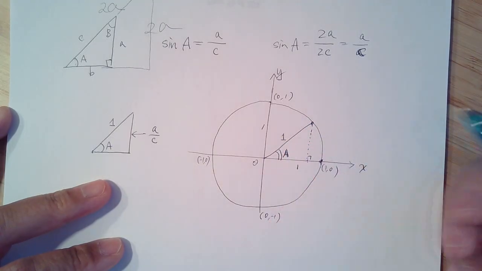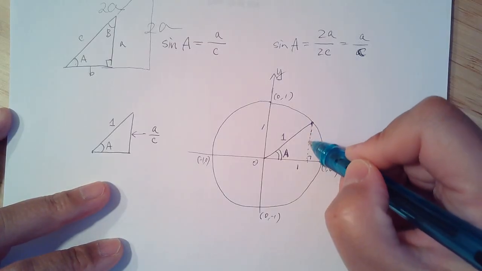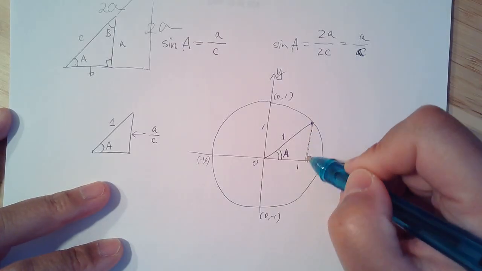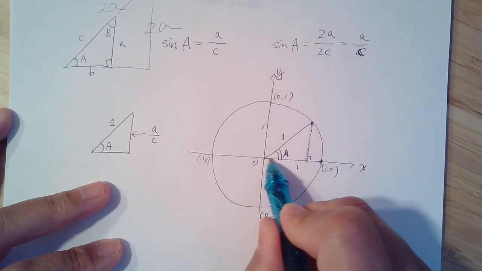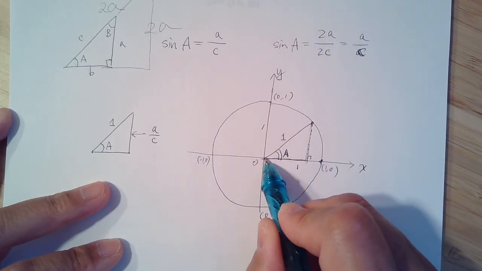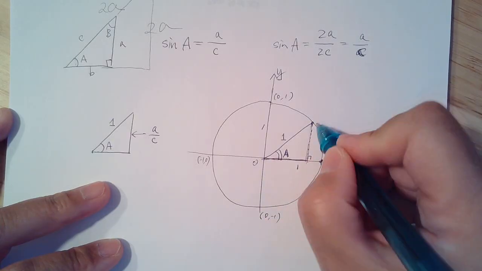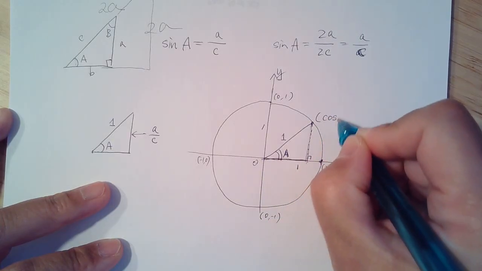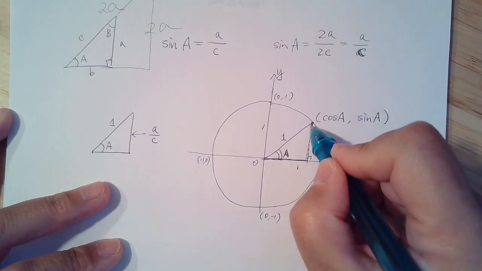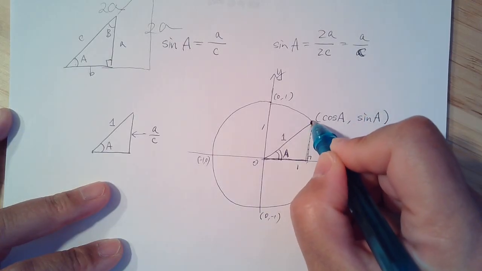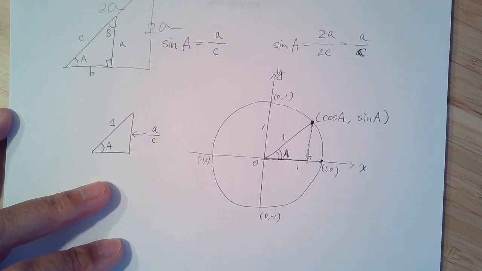This is the radius. This is 1. Did you notice that the length of this side is the same as the sine A? And the length of this side is going to be cosine A. Therefore, it's going to be cosine A, sine A. That is the coordinate of this point.